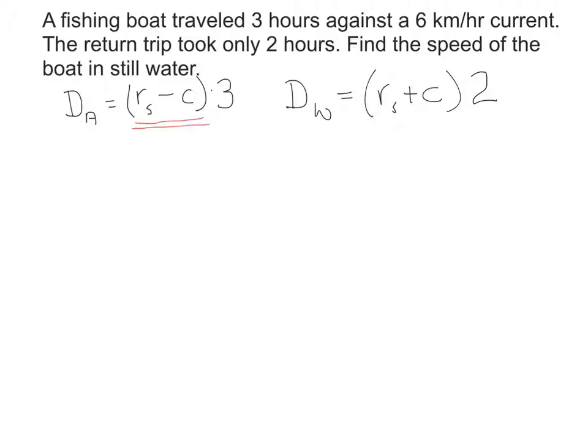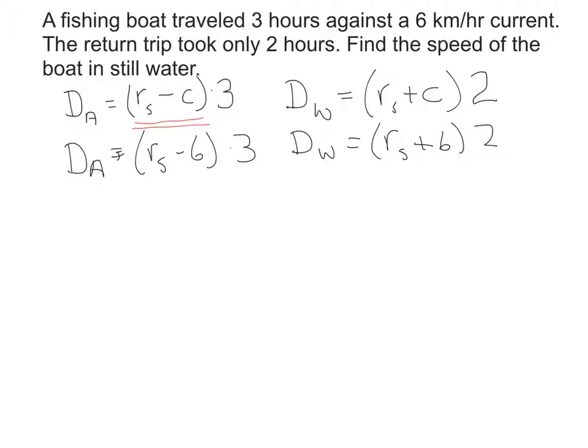Since I've substituted them, let's substitute what else we know. If you read the problem carefully, you realize that the current is 6 kilometers per hour. So the distance against the stream is the speed in still water minus 6 times 3, and the distance with the current is the speed in still water plus 6 times the time.